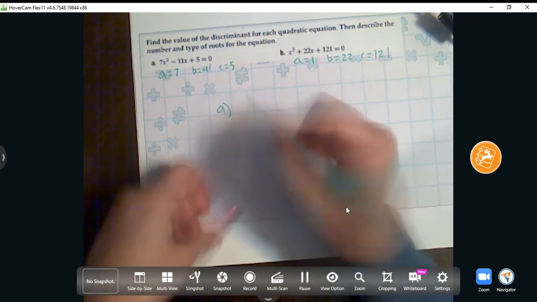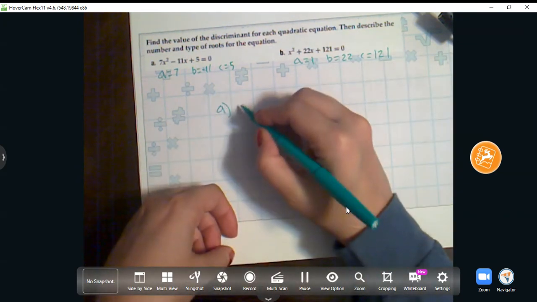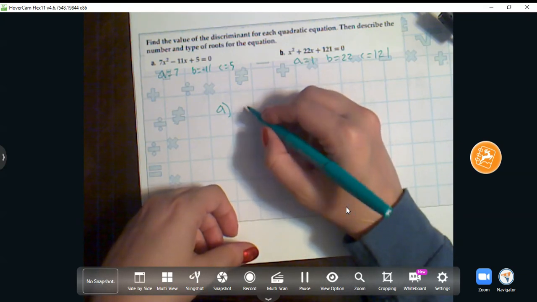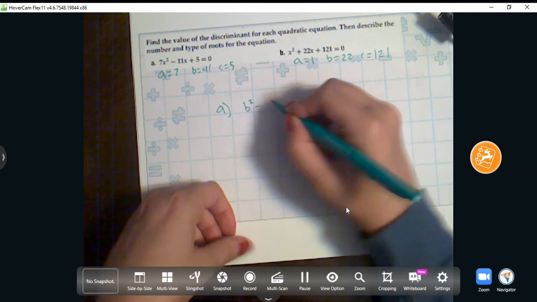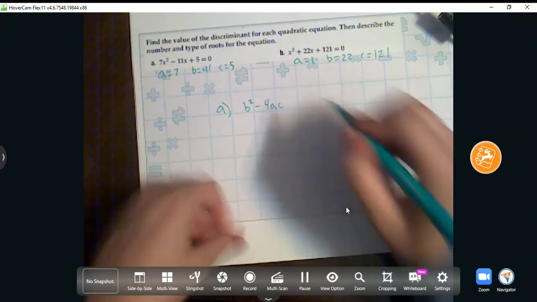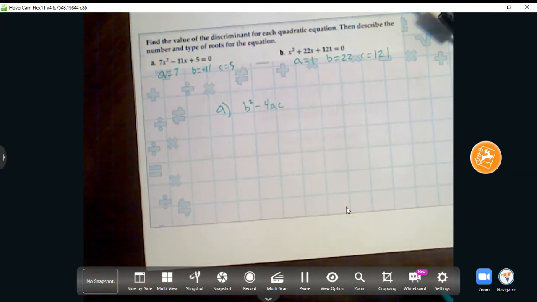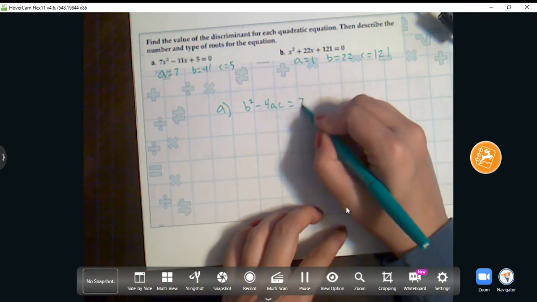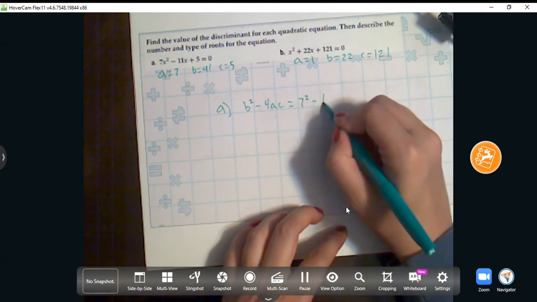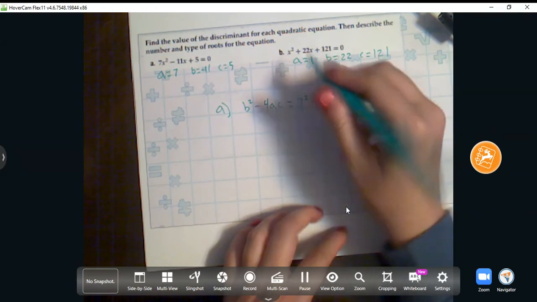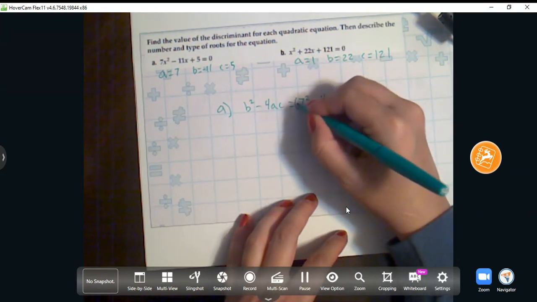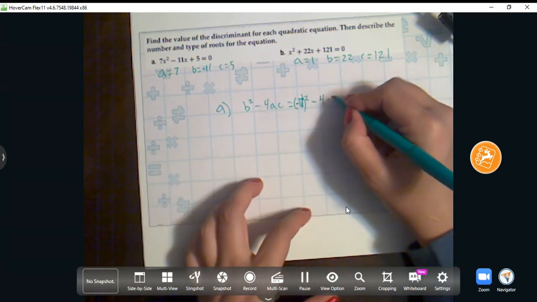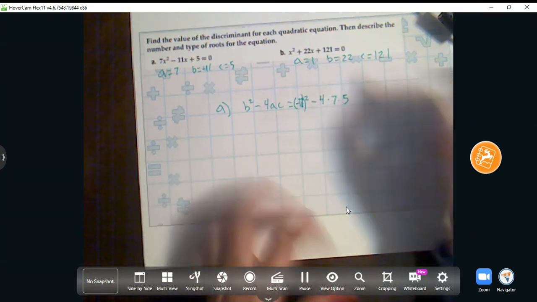So for part A, remember that our discriminant is going to be that stuff underneath the radical, so b squared minus 4ac. So we want to plug in. We would have negative 11 squared minus 4 times 7 times 5.